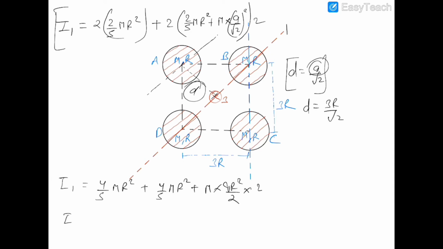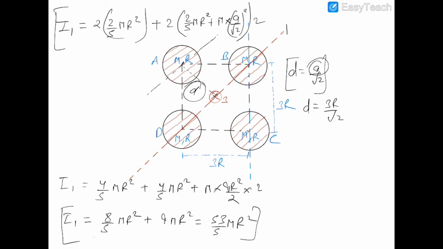So the moment of inertia of this system about this axis 1 would be 8 by 5 mr square plus 9 mr square. So this is 53 by 5 mr square. This is the moment of inertia of this system about the axis 1.